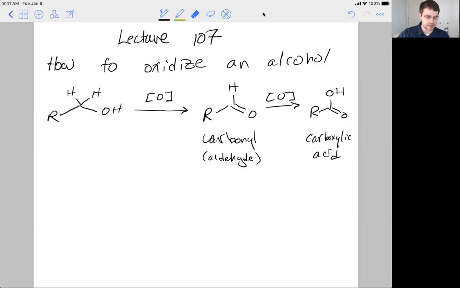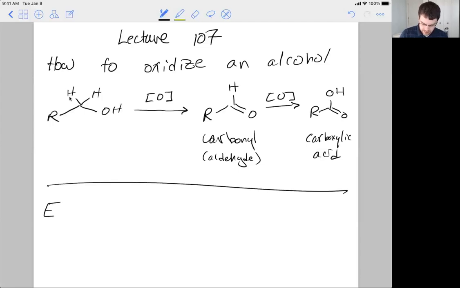Now, what I want to bring up that I think is interesting is that when someone consumes alcohol, like ethanol, we actually have to go through this process to get the ethanol out of our bodies.